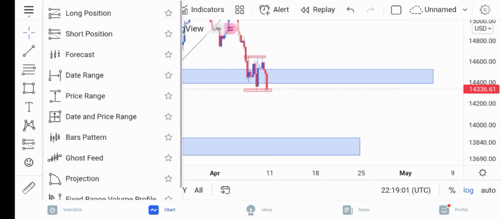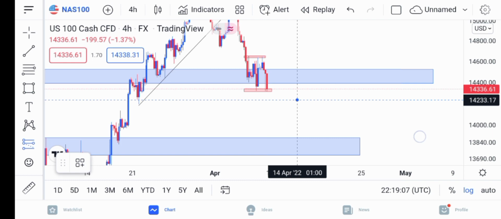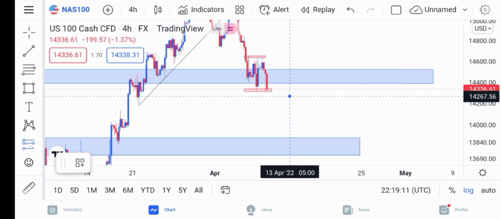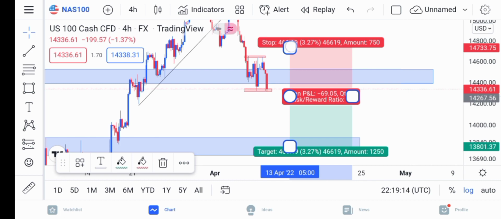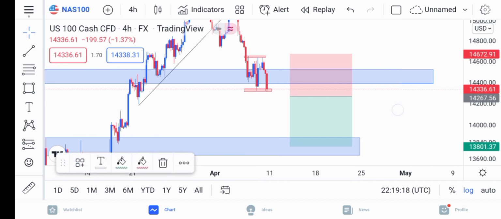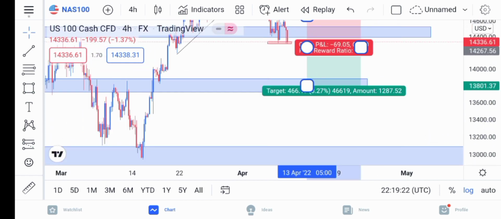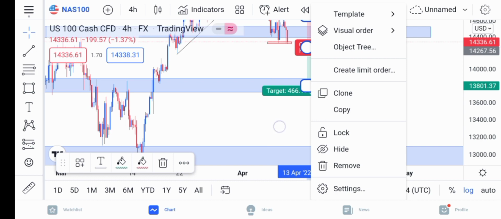I'll update the signals on our groups and on our Telegram channels, so you guys can get the accurate signals, because I can't just post a video for just updating signals. So this should be our overall direction on NAS100.